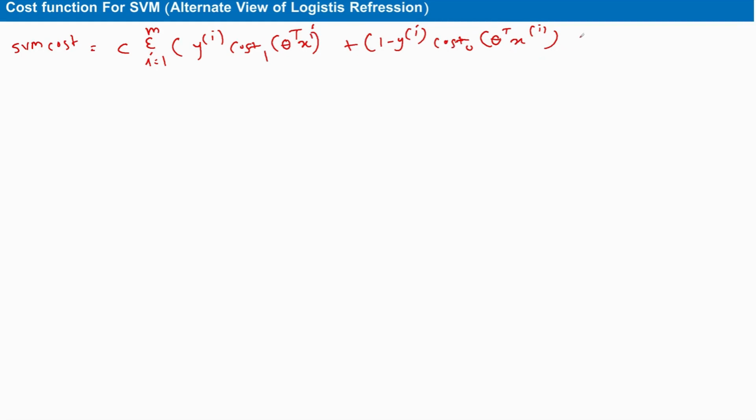Then the second term is our regularization thing, means whatever the remaining thing is there: 1 upon m summation of j is equal to 1 to n, then L2 norm of theta j square.